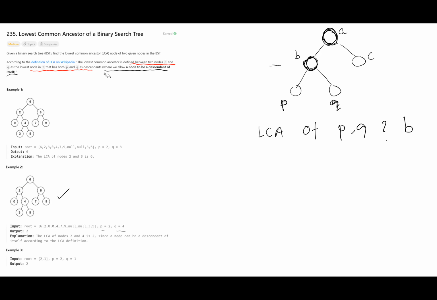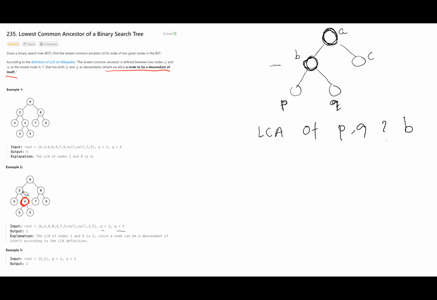Before you solve the problem, you should always ask. There might be chances that the interviewers are not going to tell you whether any node can be a descendant of itself. So you should always ask: suppose one node is a parent of another one, so one of the given two nodes is the parent of the other one.